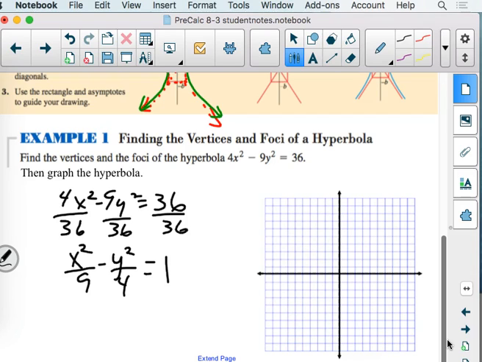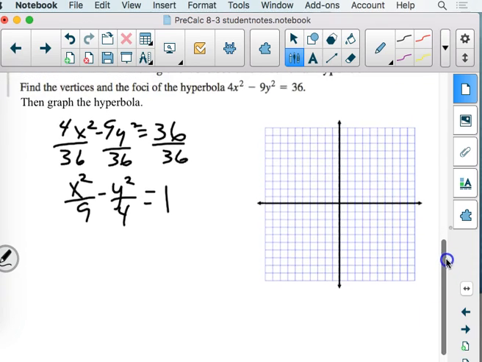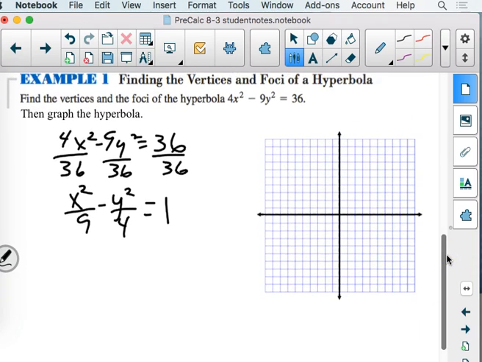All right. So now what I need to do is figure out A, B, and C, which would be really helpful to answer any of the questions that they have here. But I do want to know whether this is horizontal or vertical so I can do those correctly. It is horizontal. We've got the x squared minus the y squared. I already know my center. That's at 0, 0.